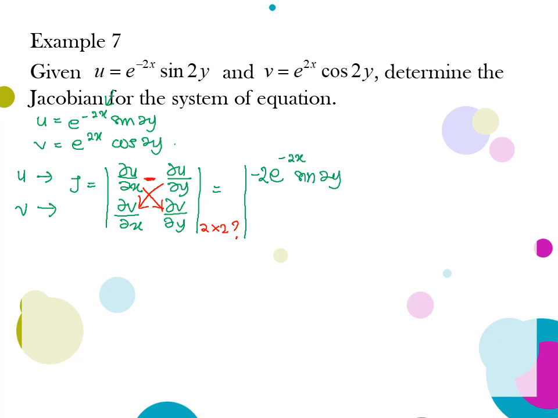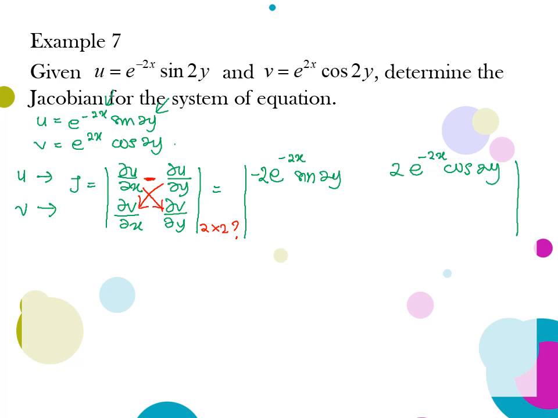It's done for the first variable. Proceed to the second variable. Look at y, treat your x as a constant. So exponent negative 2x will remain. Differentiate sine 2y, that will give you cos 2y. Differentiate 2y, you will get 2. So done for the first function.